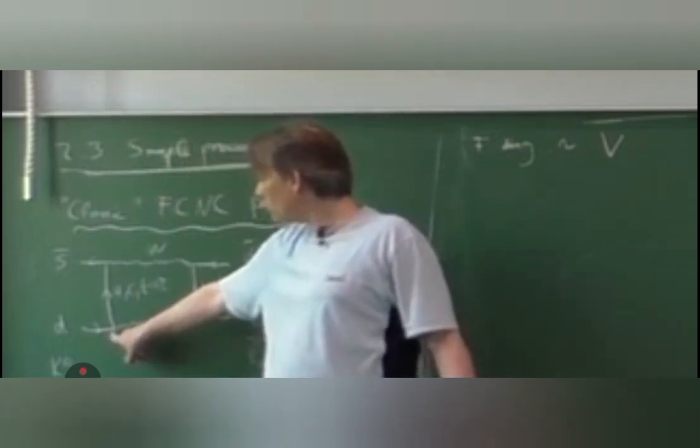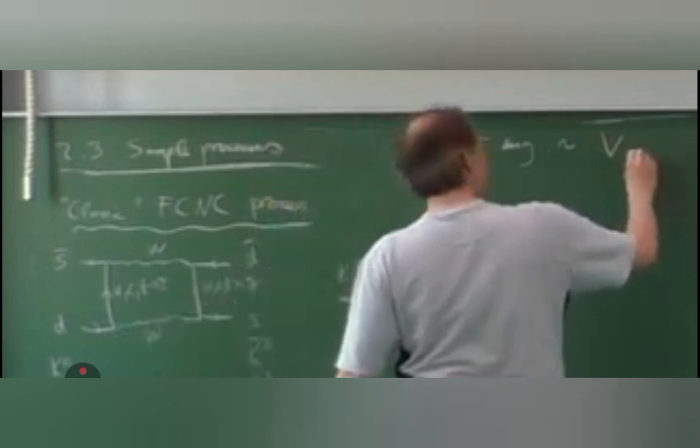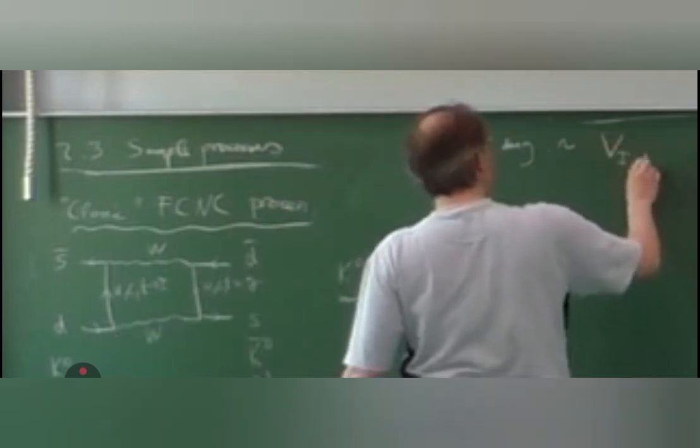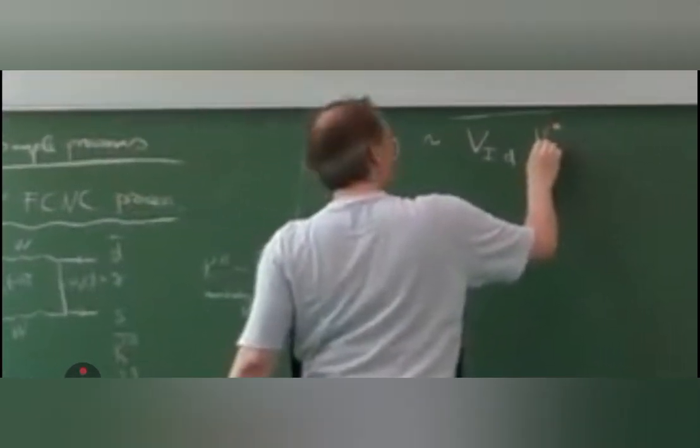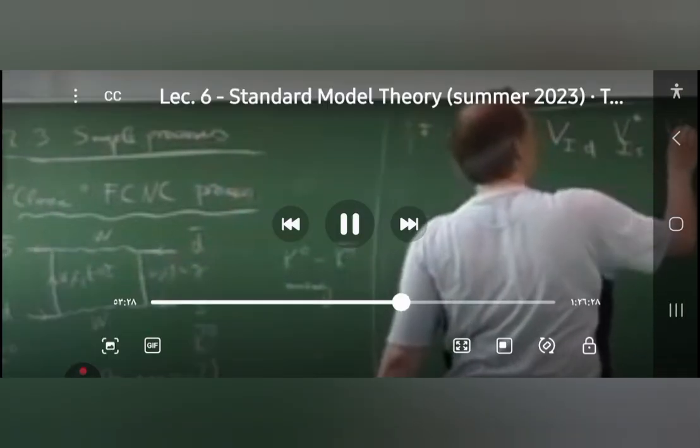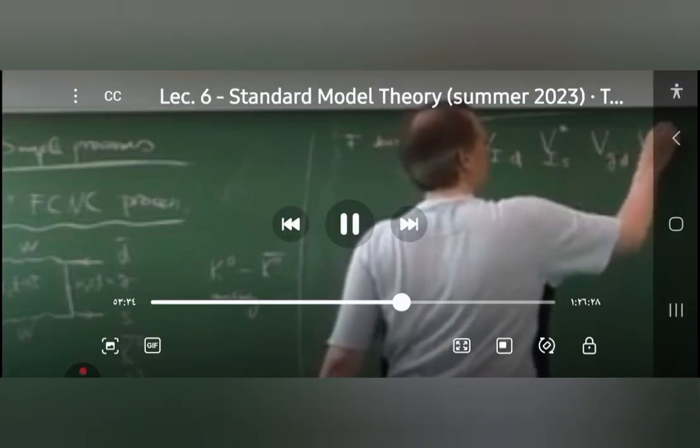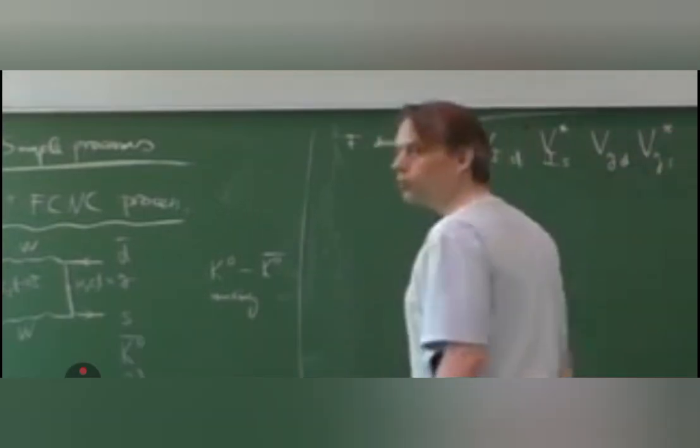Let's call this here I, and let's call that here J. Then, for example, at this vertex we get a CKM matrix element V_Id. Then at this vertex we get V*_Is, and at the other we get similar things, V_Jd times V_Js complex conjugated. So we get a product of 4 different CKM matrix elements.